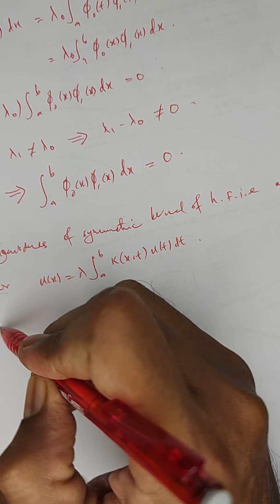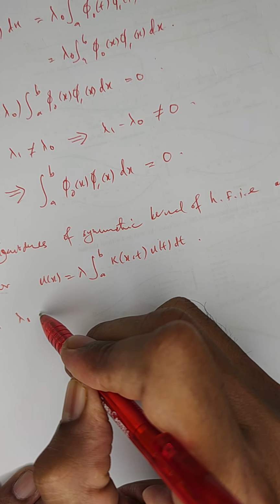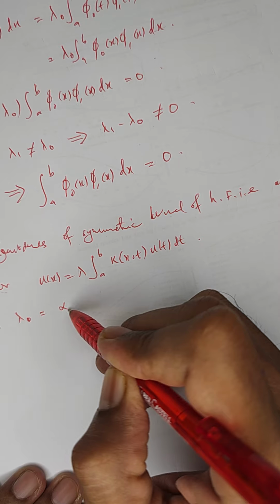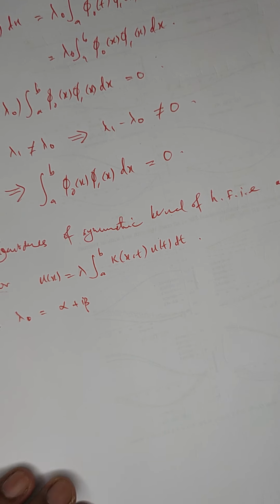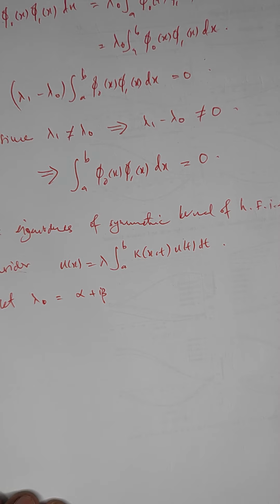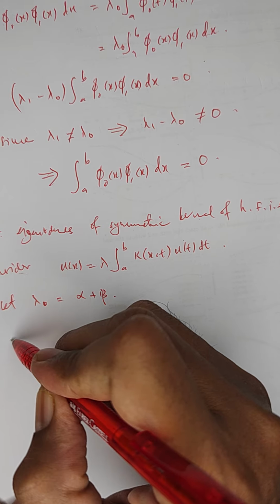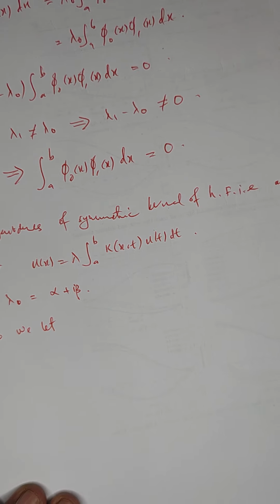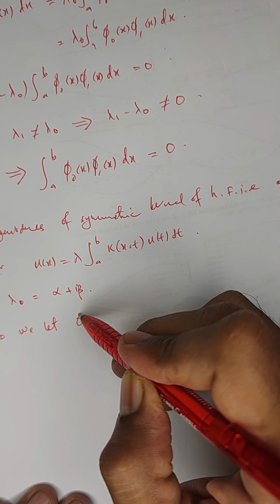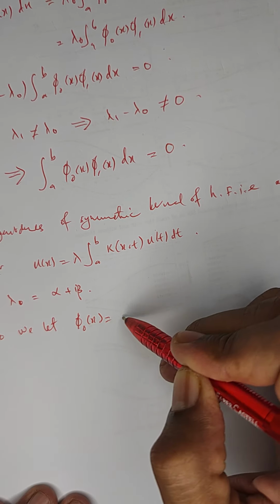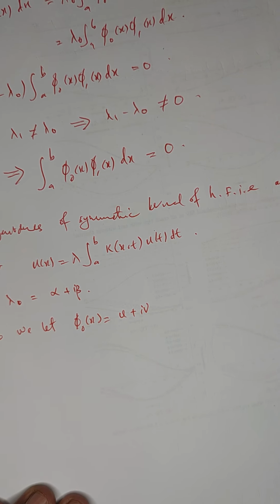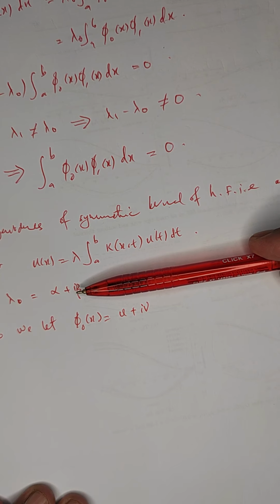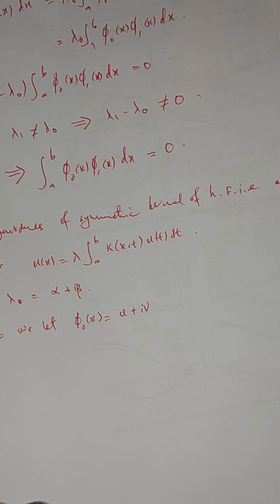So let lambda naught equal alpha plus i beta, because it has a complex eigenvalue. And we also let the corresponding eigenfunction phi naught x be equal to u plus iv, because if the eigenvalue is complex, then we should have the eigenfunction complex as well.